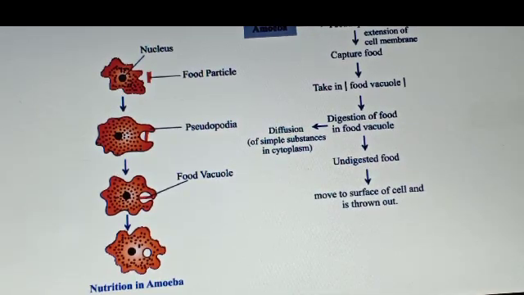Then in the second figure, by the forming of 2 finger-like projections called the pseudopodia, the amoeba holds the food with the help of the pseudopodia.